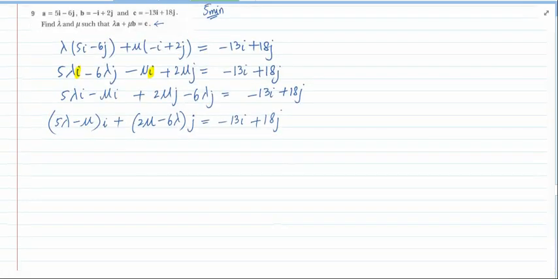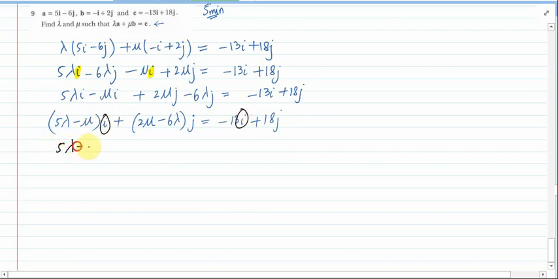The coefficient for i on both sides, that is 5 lambda minus mu is equal to minus 13. Similarly for j, 2 mu minus 6 lambda is equal to 18. So you got two equations here, right? So we need to solve them simultaneously.